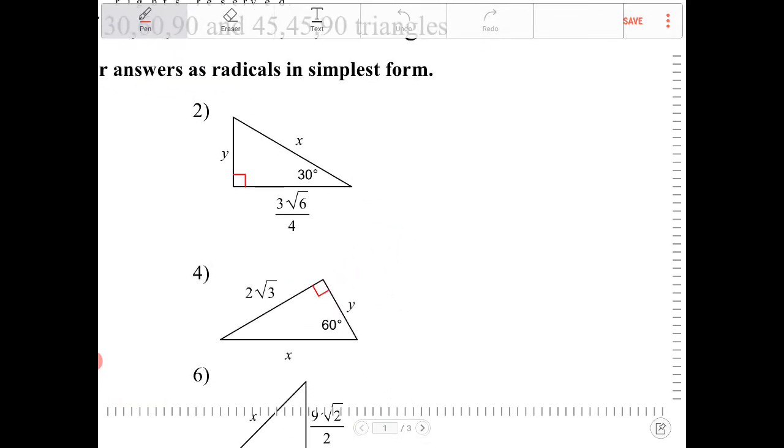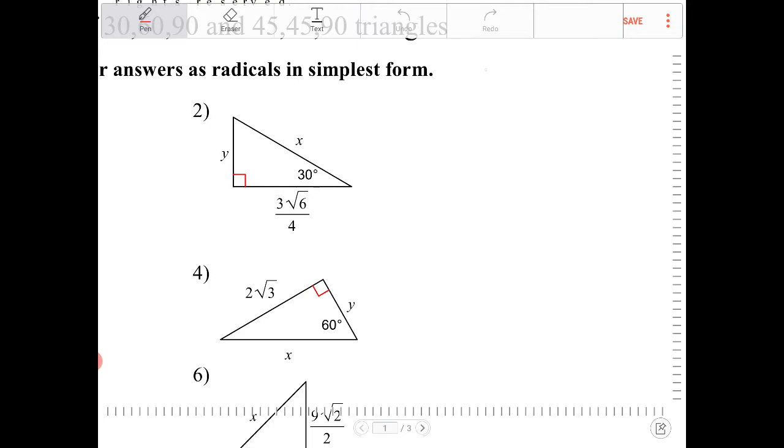Looking at this first triangle, question number 2, I immediately see that I have a 30, 60, 90 triangle. Even though the 60 degrees is not directly written, I can tell because I'm dealing with a right triangle and one angle, 30 degrees, is given to me, so the third angle must be 60 degrees.